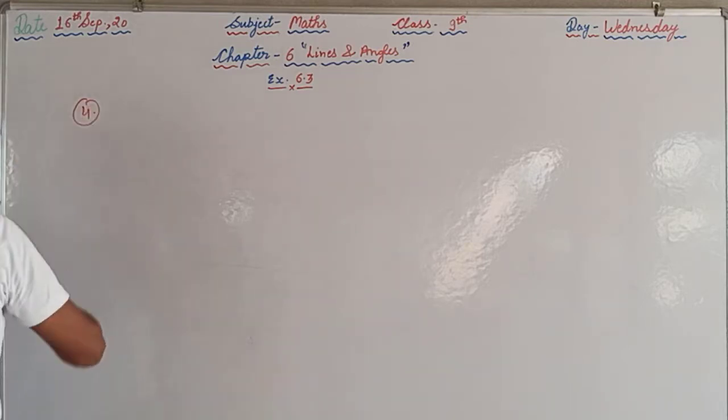In question number 4, the information is given that in figure 6.42 means on the next page, lines PQ and RS intersect at point T such that some of the angles are given, and we are supposed to find angle SQT.